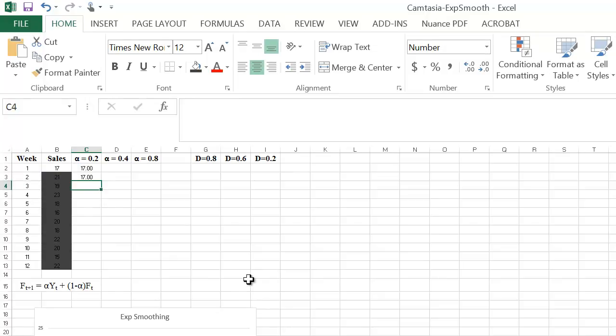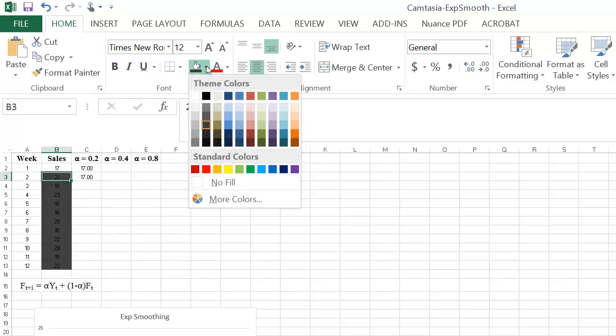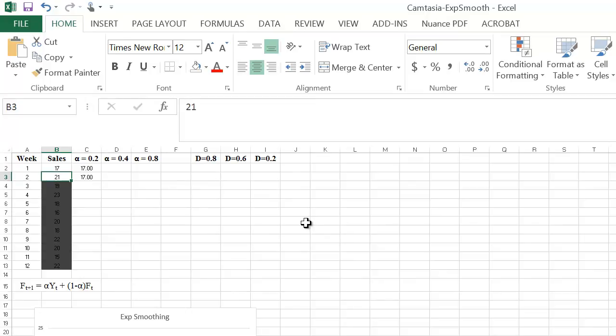Now let's see what we actually observe in period 2. Let me uncover this data. Well, now I forecast a sales value of 17 and the actual sales was 21. So based on these two numbers, what would my forecast be for period 3?